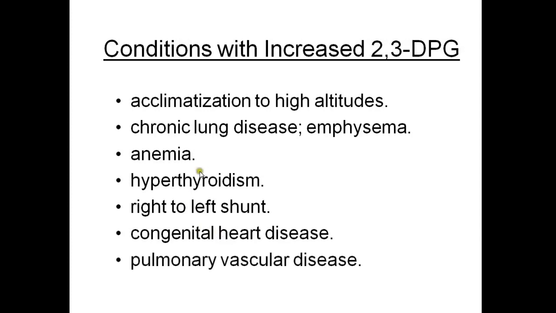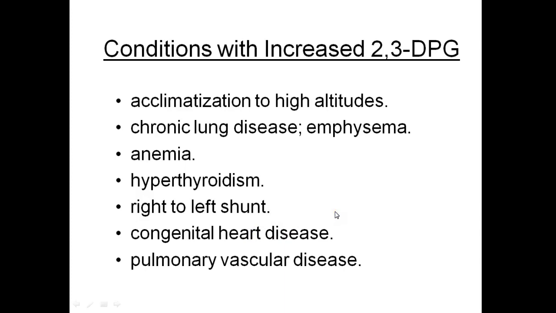There are other conditions where the 2,3-DPG is increased: acclimatization to high altitudes, chronic lung disease, anemia, hyperthyroidism, right to left shunt, congenital heart disease, pulmonary vascular disease.